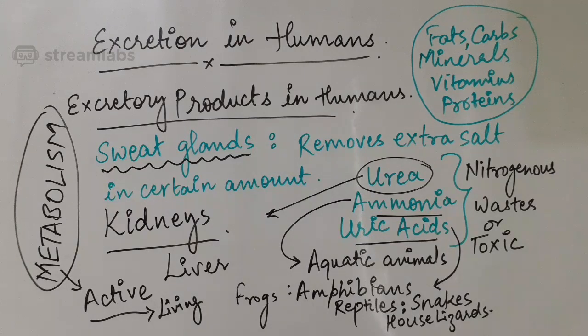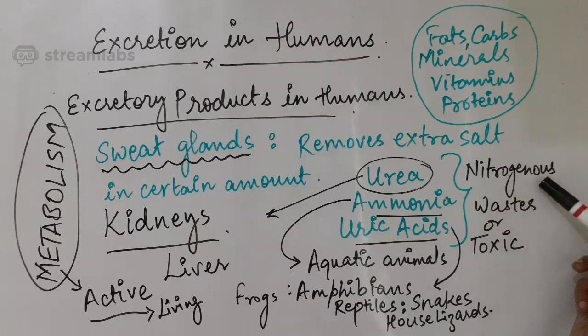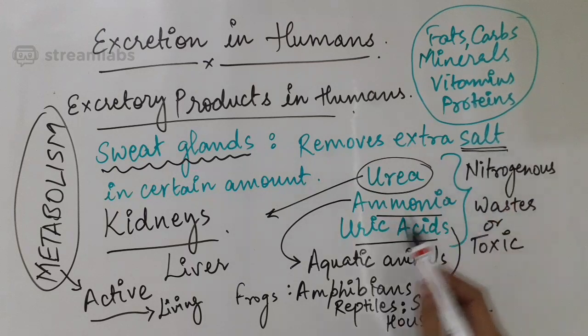So when the plants make them, or synthesize them inside their bodies by the process of photosynthesis, they are in complex structures. Complex means a combination of many small molecules. When they come into our body and are broken down by the metabolic and biochemical reactions, they give residue, and after their digestion these are the elements or the nitrogenous waste which are being formed and they need to be removed.